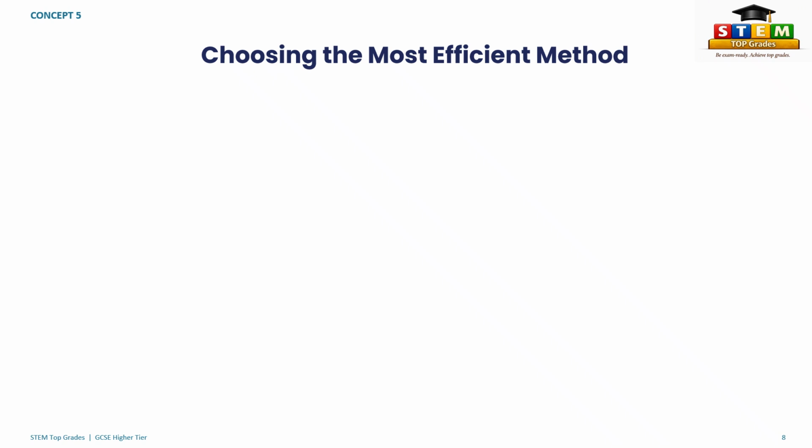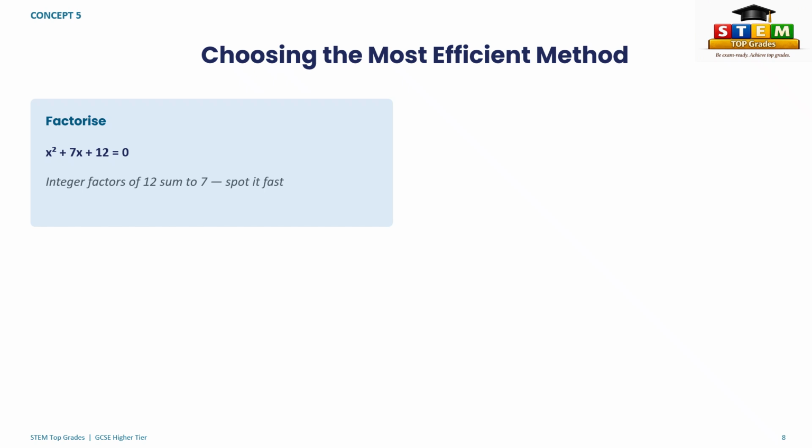Now we can sum up what you've learned in those four concepts: choosing the most efficient method for working with quadratics. First, we can factorize a quadratic, and the tip here is the integers. Those numbers are easy to work with, so you can easily find the integer factors of 12 that sum to 7, that's your product and that's your sum. If you want to factorize, of course.